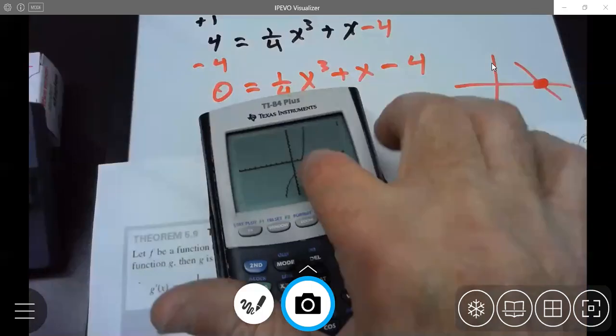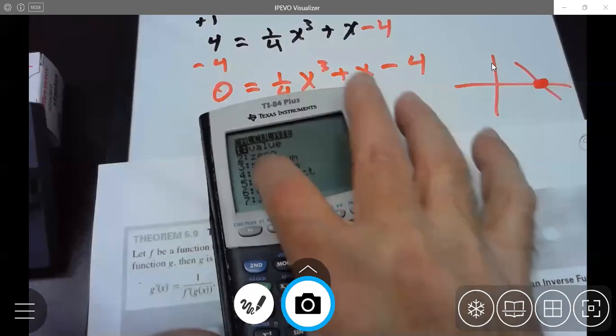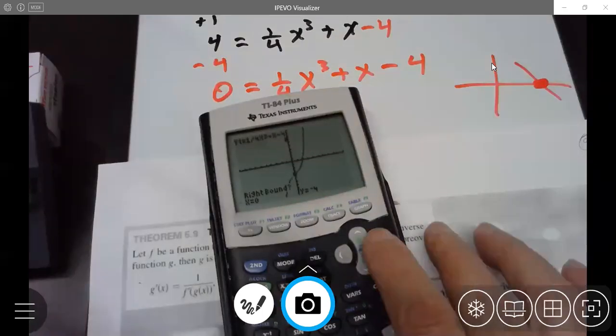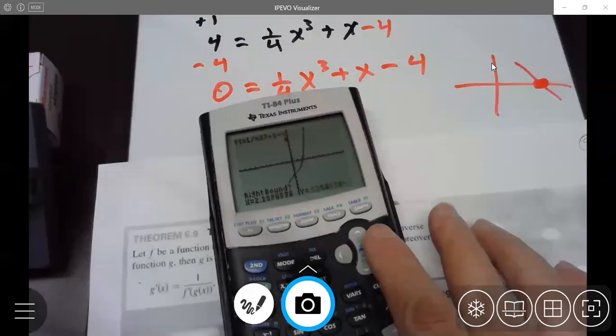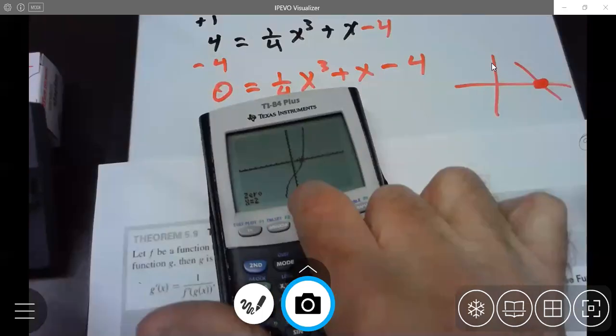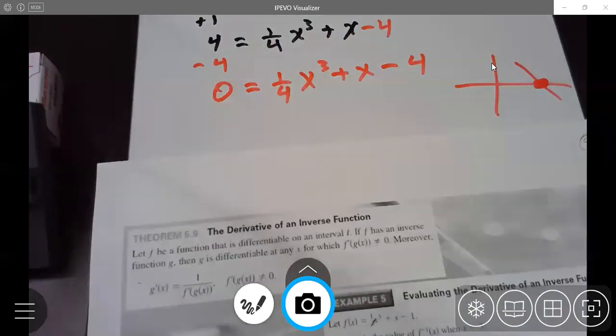We see here that if we go to second and calc and 2 for zero, left bound, then right bound, hit enter one more time, we get 2. So that means that our x is 2.